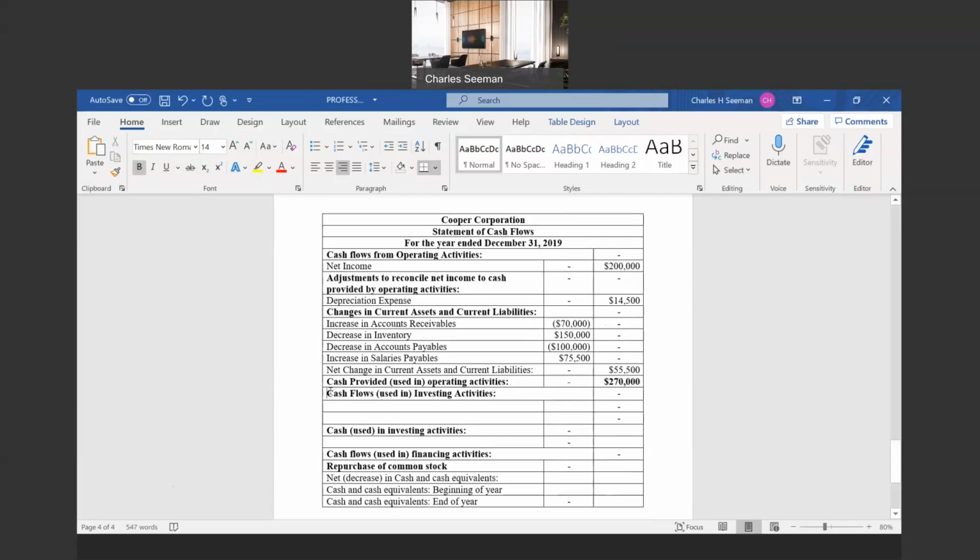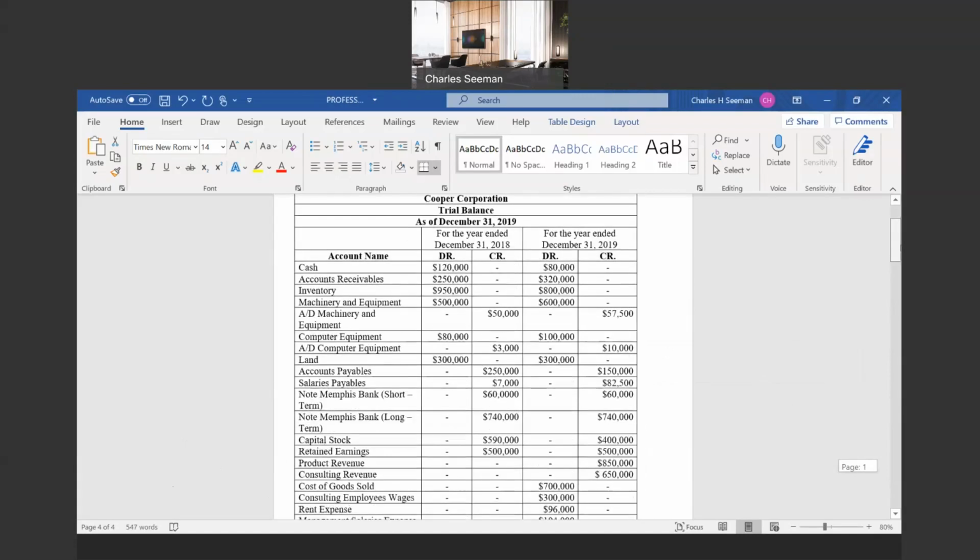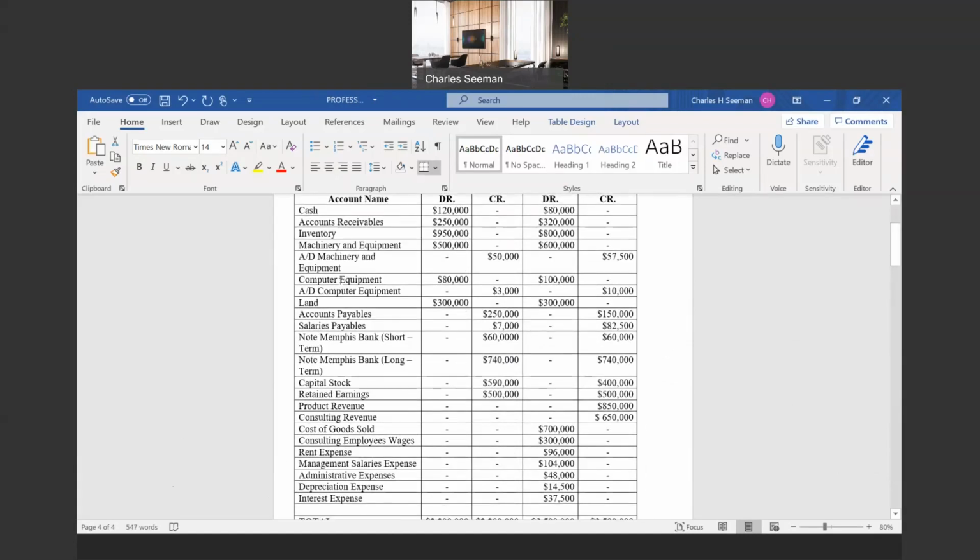Now you go to the investing activities. Investing activities are those activities where I purchase things that I'm going to be able to use in the future, that are going to benefit me in the future, like equipment. So we go up to our trial balance and we see that machinery and equipment went from 500,000 to 600,000.